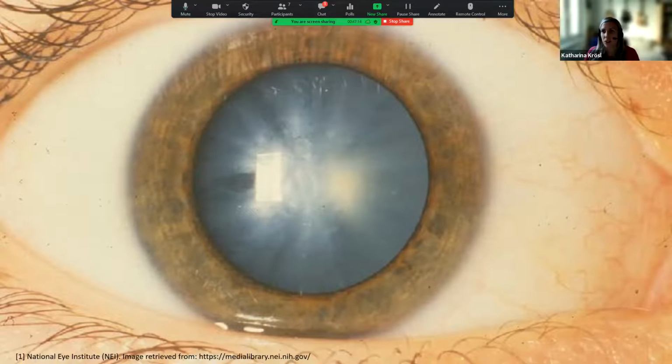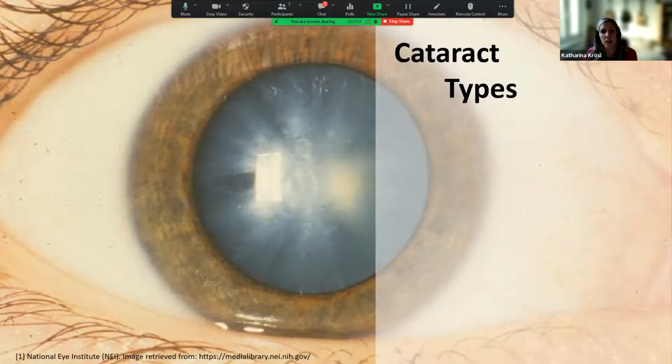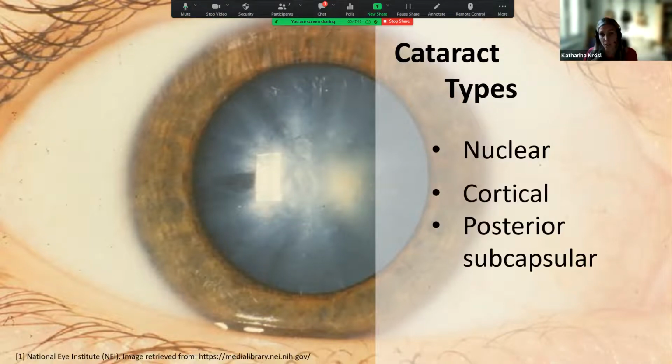So for the ones who are not too familiar with this eye disease, cataracts are opacities in the lens of the eye, which occlude parts of the visual field and can also lead to vision loss when left untreated. Depending on the characteristics and the region of the lens that is affected, cataracts are categorized as nuclear, cortical, or posterior subcapsular cataracts.